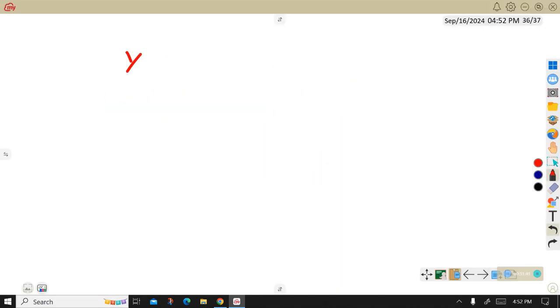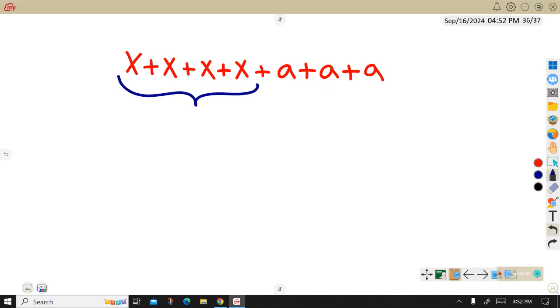If I have x plus x plus x plus x, and then I have plus a plus a plus a. In this case, it's kind of organized still, right? So we can see it. In this case, I know that there's 4 x's, right? And I know here, I got 3 a's. So we could say that this is 4x plus 3a, right?